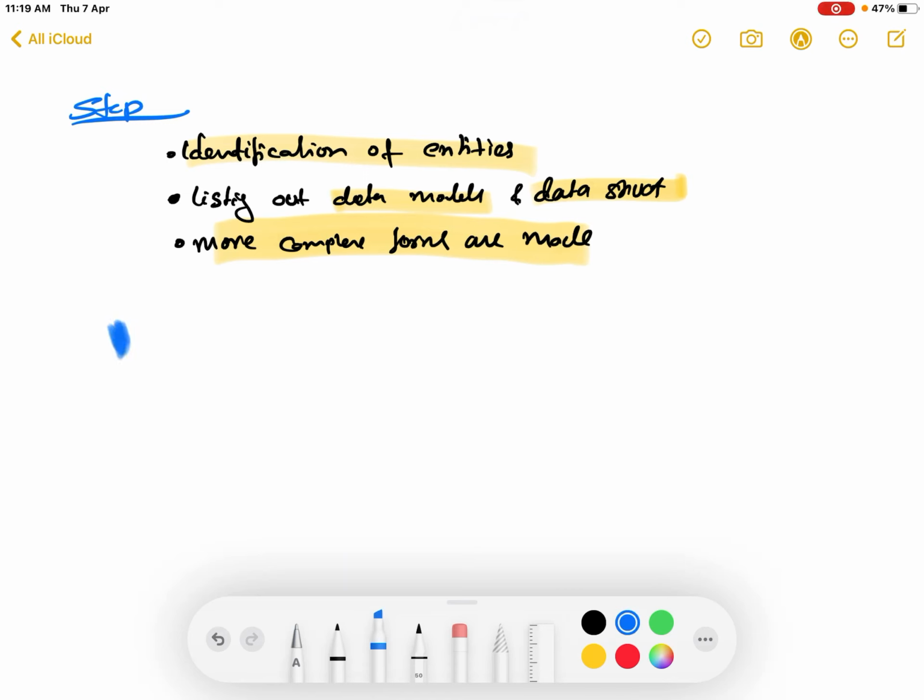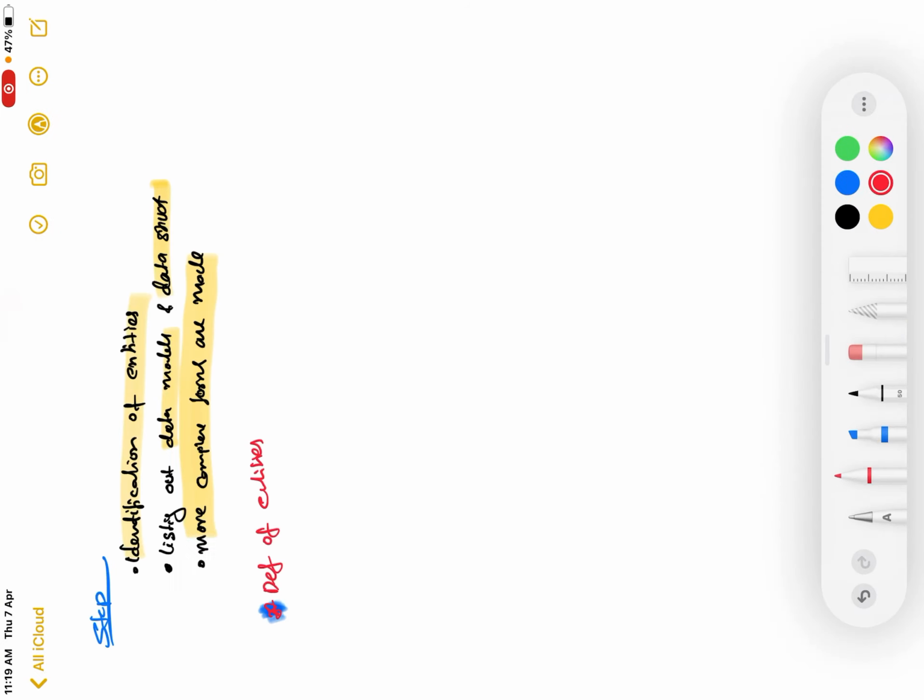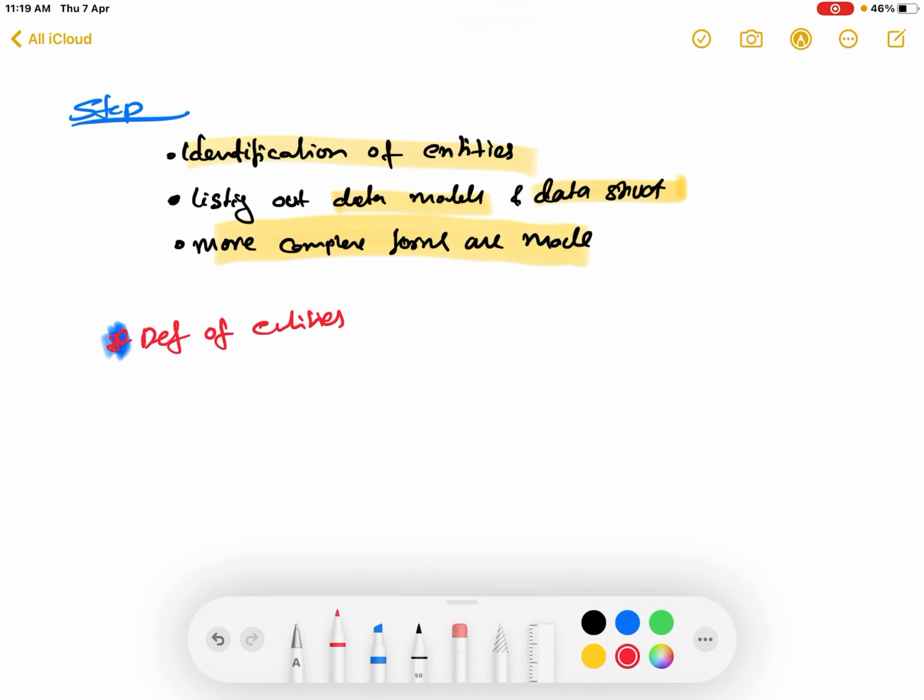The first one is called the identification or definition of entities. What is definition of entities? It means you are defining the entities that are present in the world.